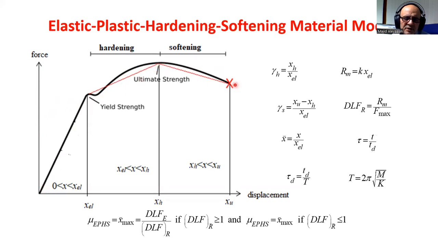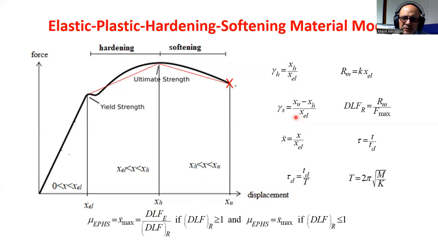But there are some resistances. And in the softening, we have resistances. Obviously, our equation will change because this is a rupture displacement. This is a maximum hardening displacement. This is elastic displacement. We define two parameters, which are related to hardening ratio. This is softening ratio.